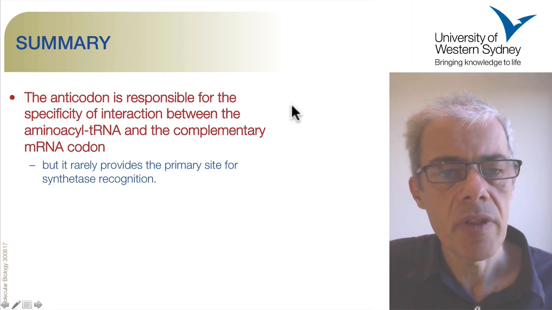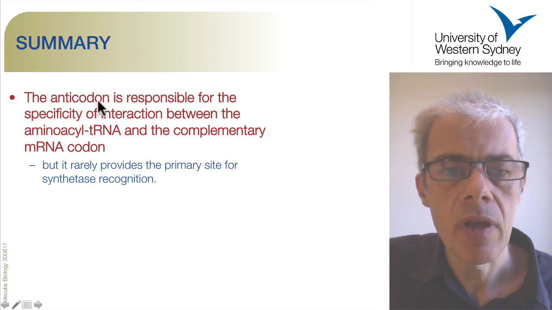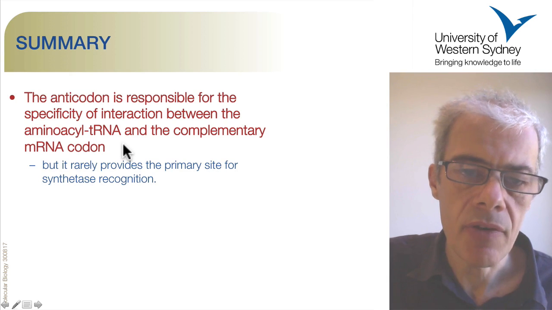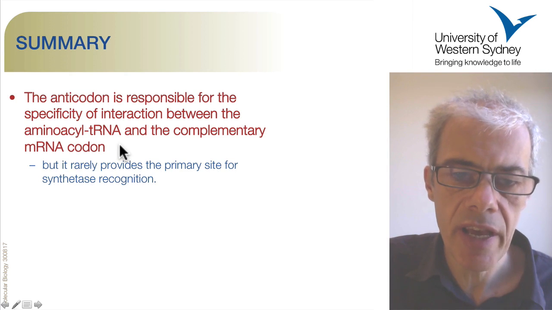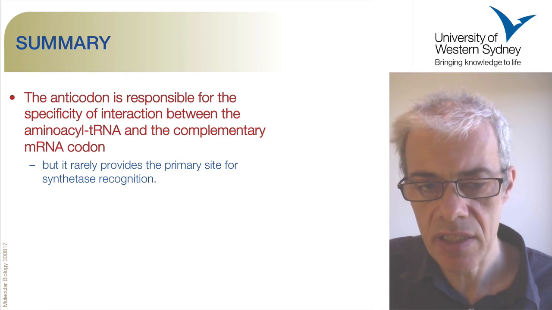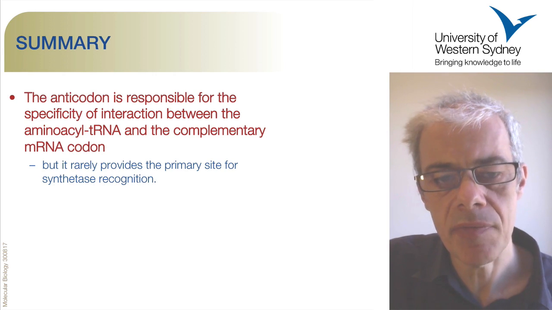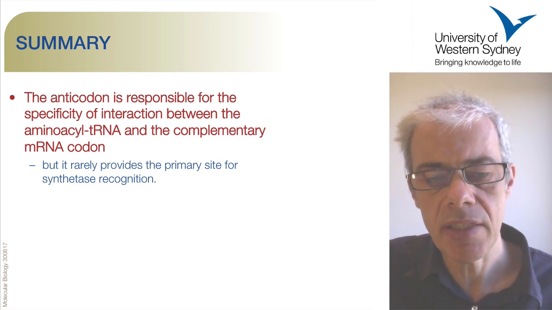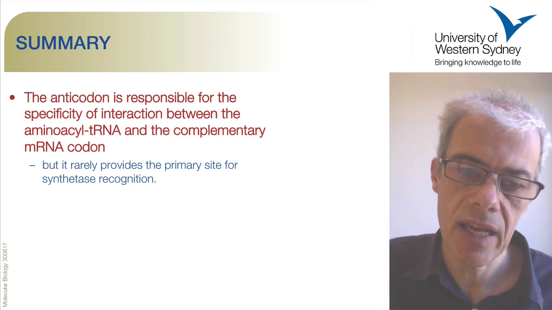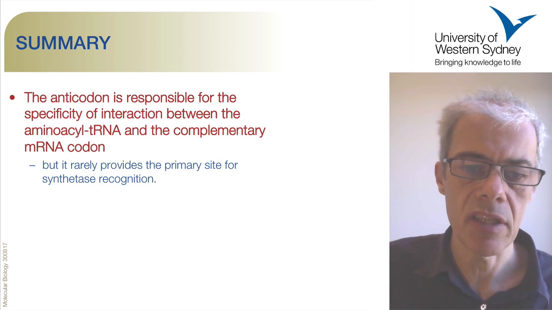And lastly, within the structure of the transfer RNA is an anticodon that's responsible for the binding to the messenger RNA, but there are other regions within the transfer RNA that determine the specific interaction with the synthetase. So the RNA has two functions. It specifies the exact amino acid through interaction with the synthetase, and the RNA also has an anticodon that specifies which codon it will recognize in the messenger RNA.